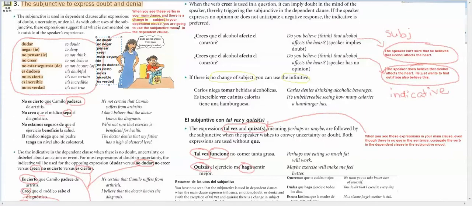If you change all of these to the opposite, then you would use the indicative.